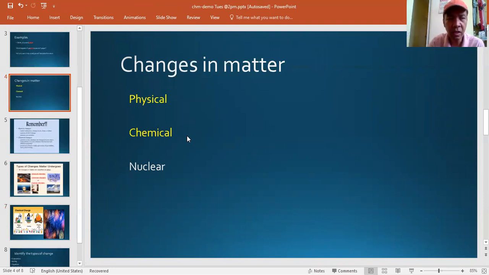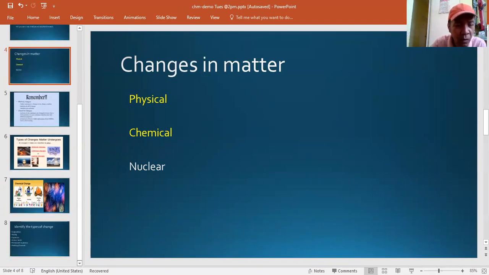Chemical change is the second type of change that alters the properties, the composition, and structure of a substance and produces a new product. Note the words a new product there, okay?